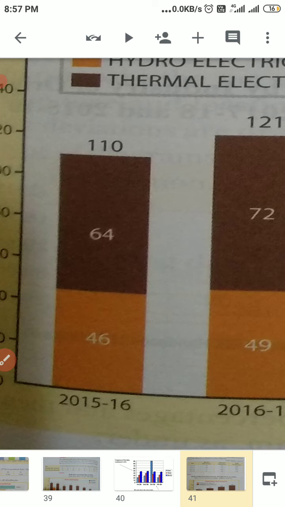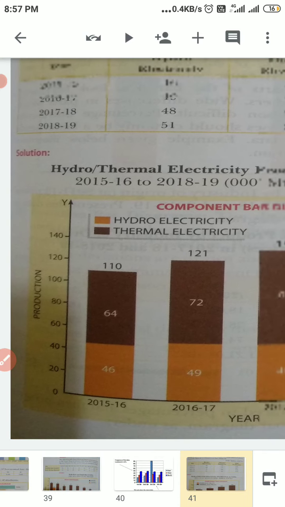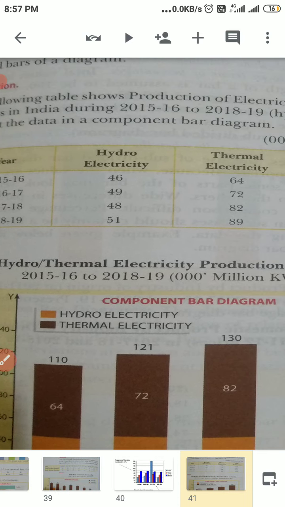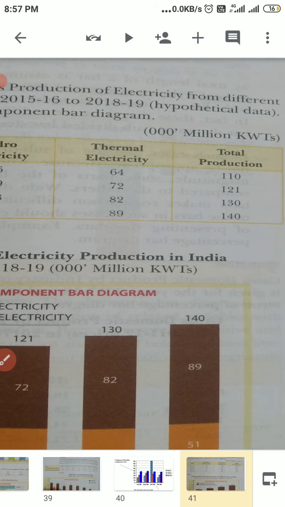So you can easily see that two types of information are there in a single bar. So if you want to show it easily, you should add up these two sets of the information. Likewise, 64 plus 46 is equal to 110.